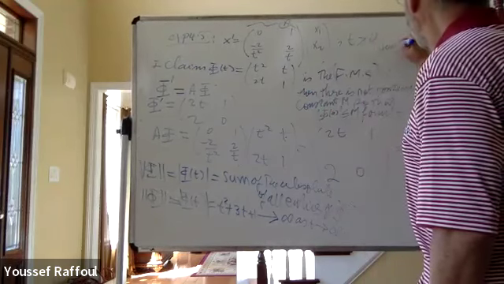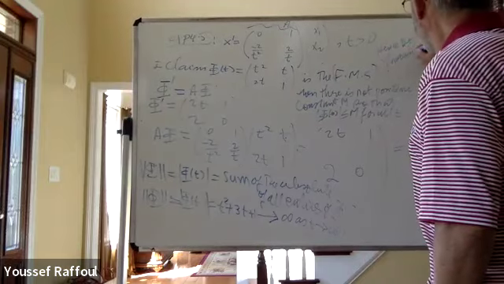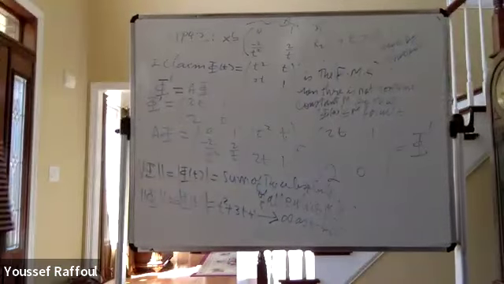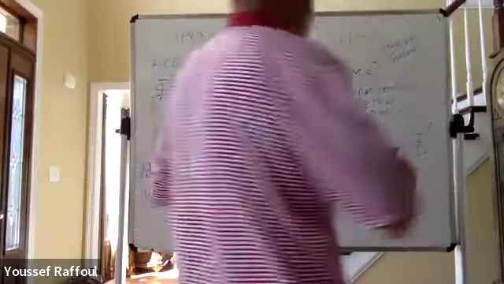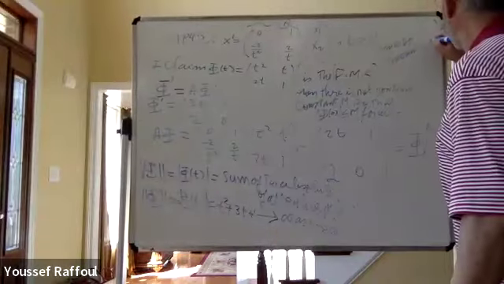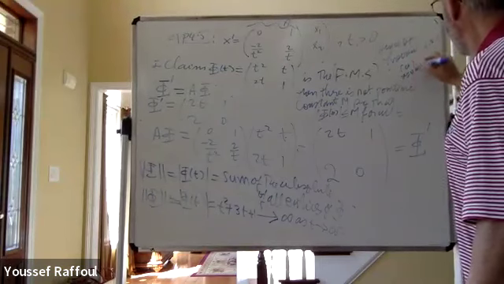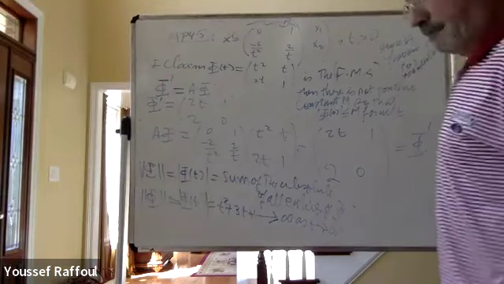Hence, by theorem 4.21, the system x prime equals A x, with x equals 0, is unstable. Okay?